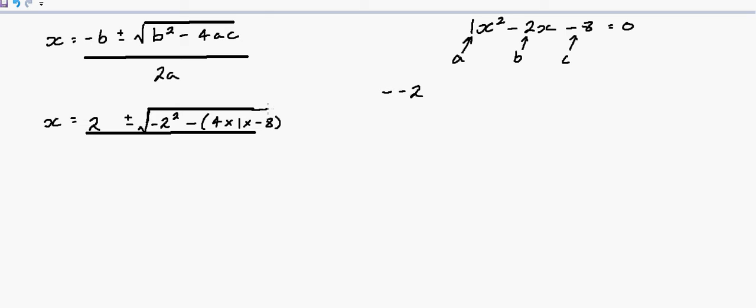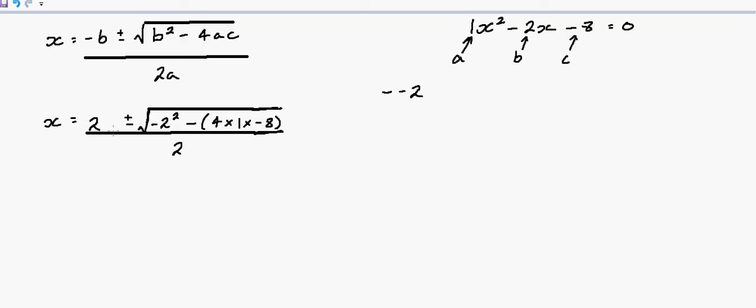And this is all under the root sign. And then 2a, so a is 1, so 2 lots of 1 is 2. Now if we'd had, I don't know, 4x squared, then it would just be 2 times 4. So the fact that we might get 3x squared or 7x squared, we really don't care. It makes no difference to our life at all.